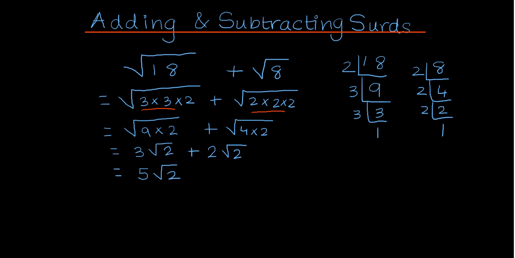Okay, now we'll try an example on subtraction of surds. So let's rub this off. Here we go. So we have the square root of 50 minus the square root of 18.